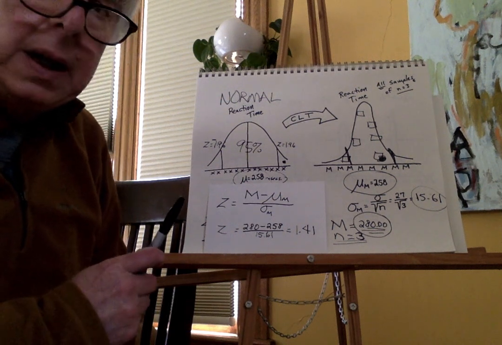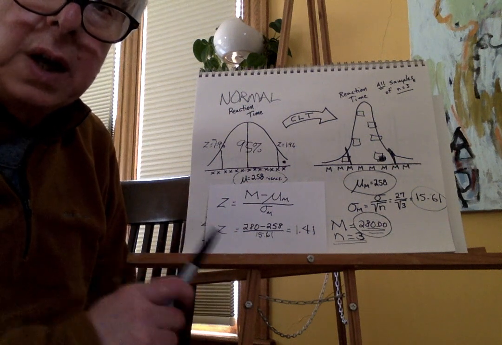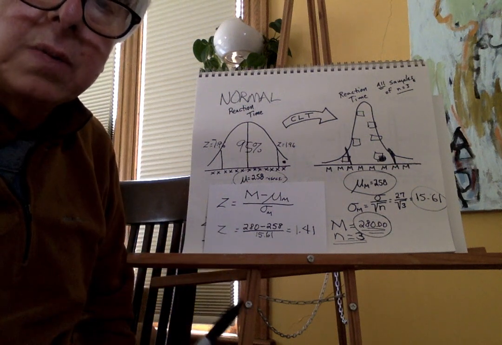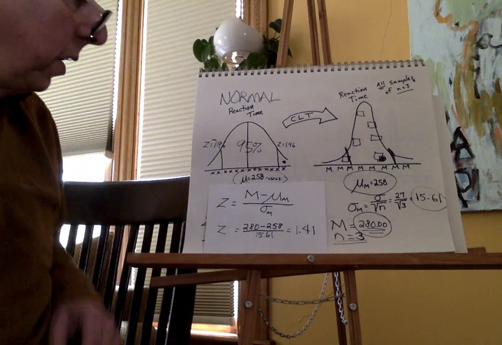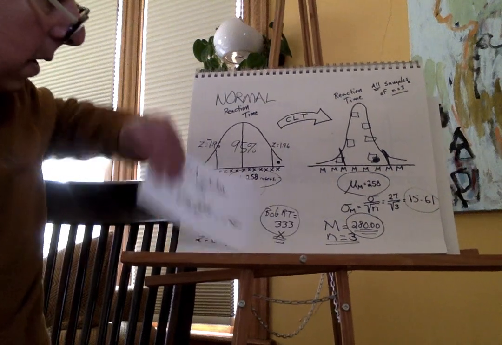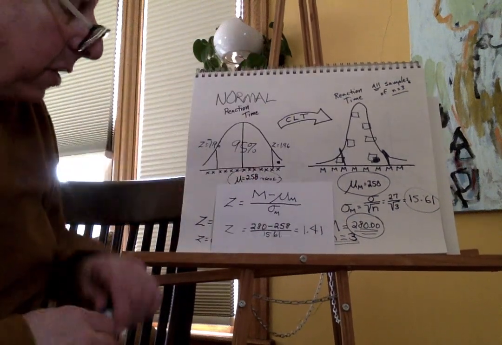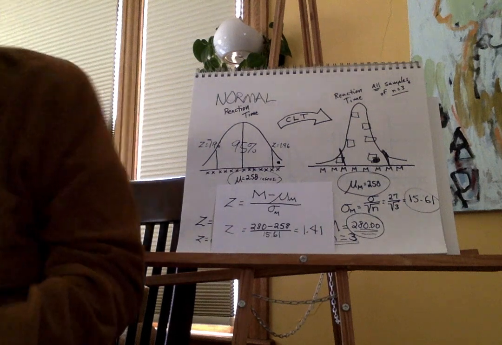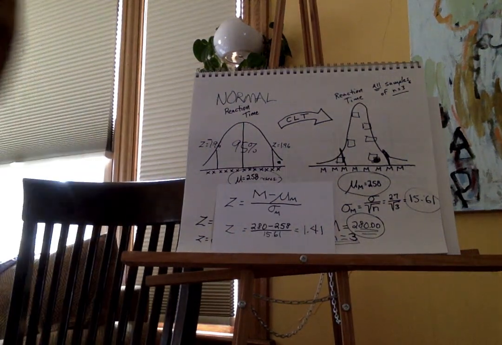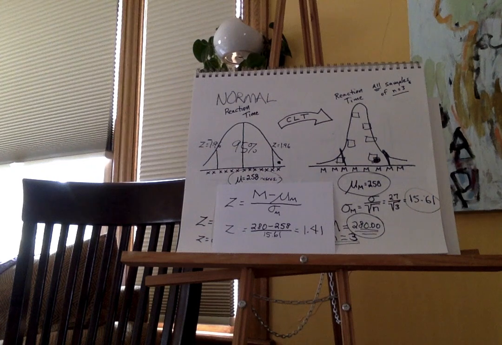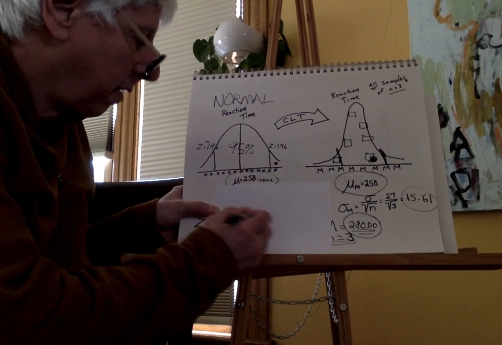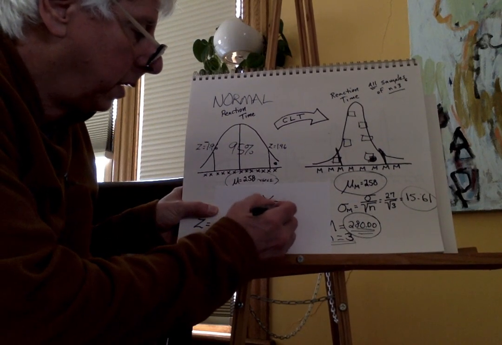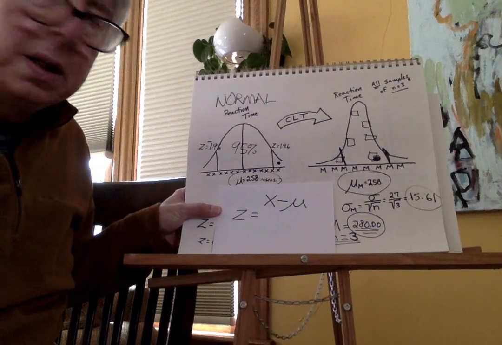Also, I'm going to assume that you guys are okay with this now in terms of the math. If you have an individual score, you use the z-score that we've been using for individuals. You take this person's score, you compare it to the mean.